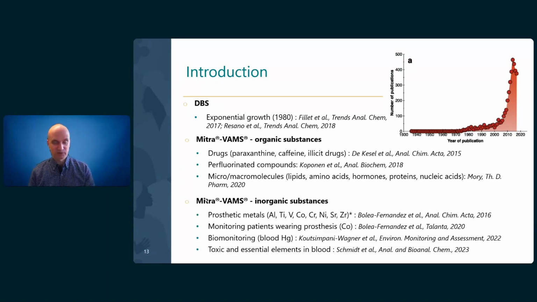Actually, the first paper using Mitra VAMS devices was published in 2016 by Bolea-Fernandez, who developed a method for a couple of elements which are well known as prosthetic metals. However, I have to mention that the method has never actually been used for real patients. It just showed the potential to develop a method for prosthetic metals for these patients.